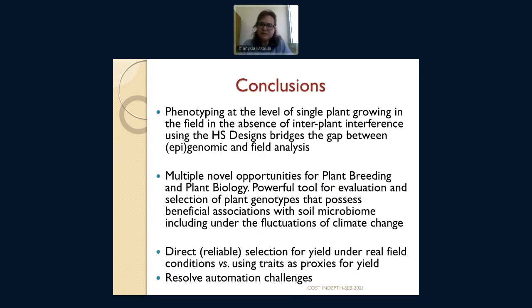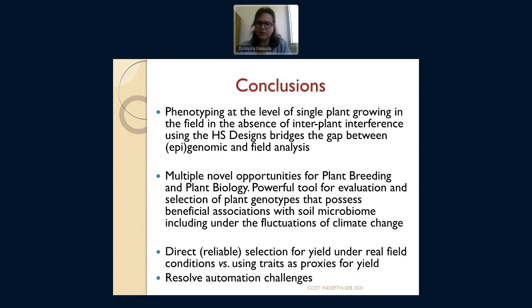So to summarize conclusions, phenotyping at the level of single plant growing in the field in the absence of interplant interference using the honeycomb selection designs can bridge the gap between the epigenomic and field analysis, yield data.